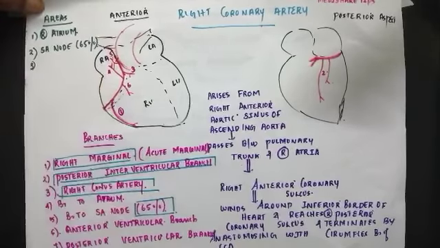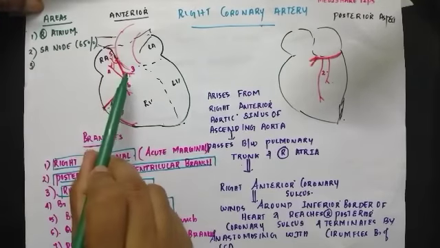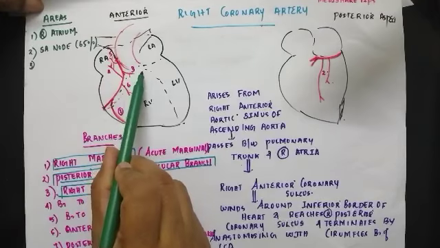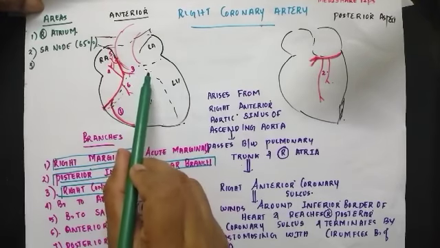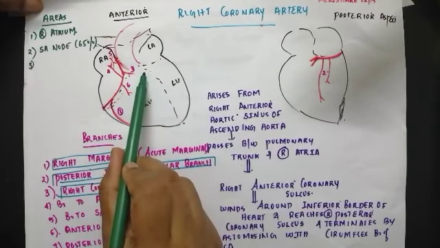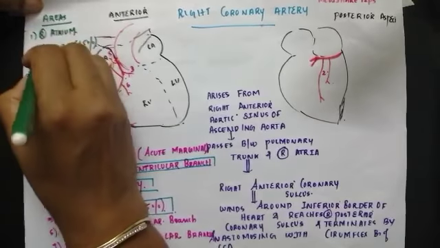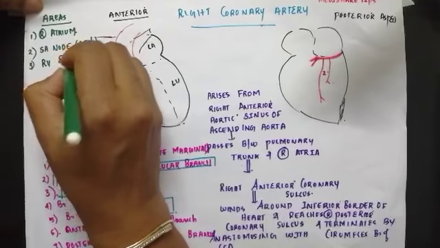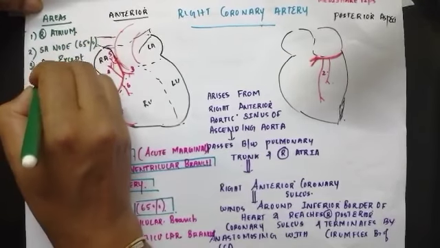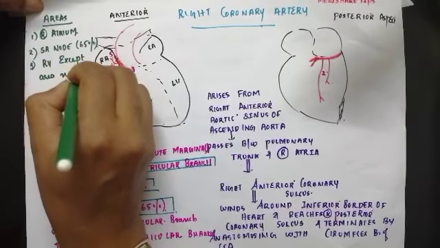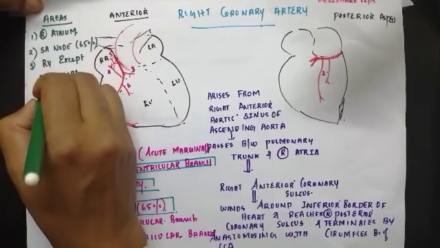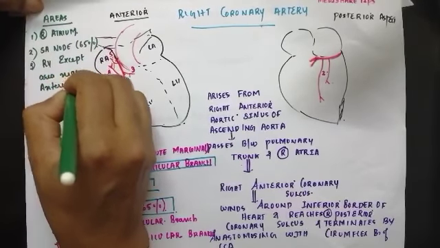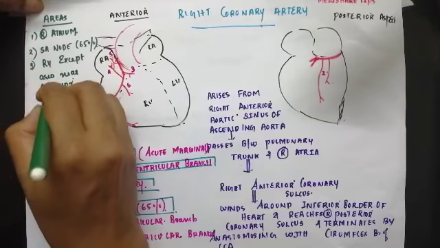And third, it supplies the majority of the right ventricle except an area near the anterior interventricular groove.